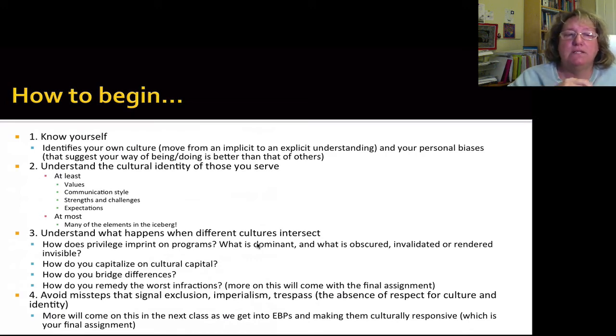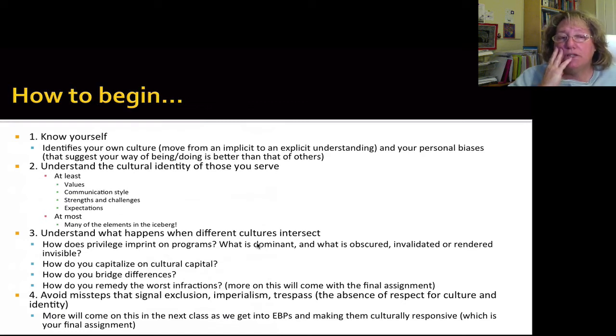You're also wanting to build on cultural capital. How can you bring the community's strengths and sub-communities in the organization into the foreground in ways that become an asset that's valued across the spectrum? How do you bridge differences? How do you remedy infractions? You're going to have some work on this in the final assignment.